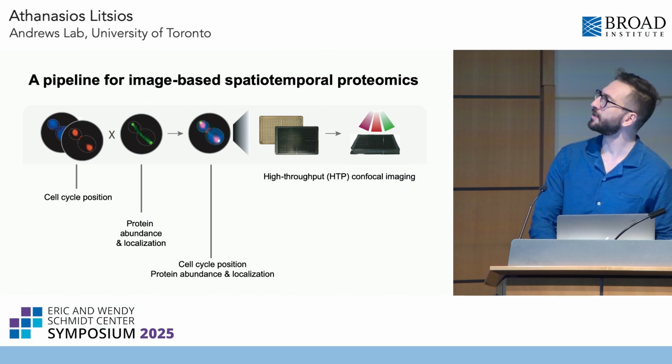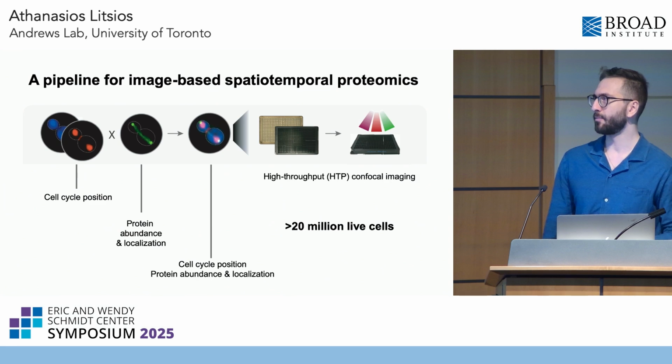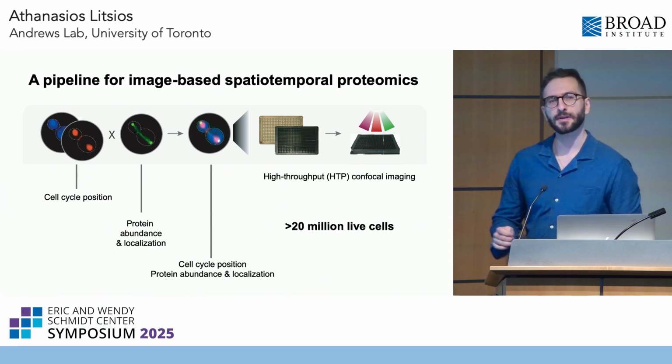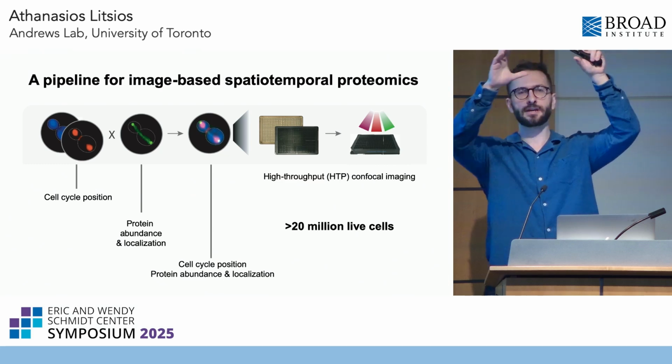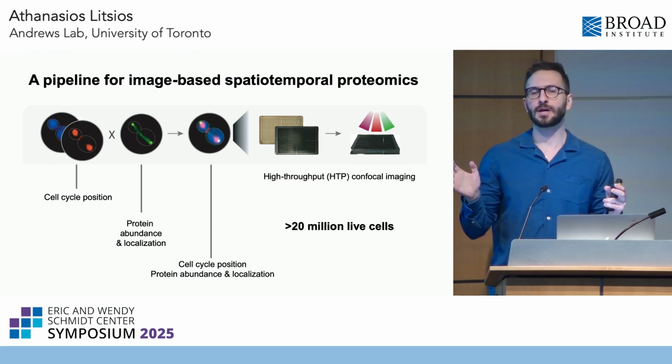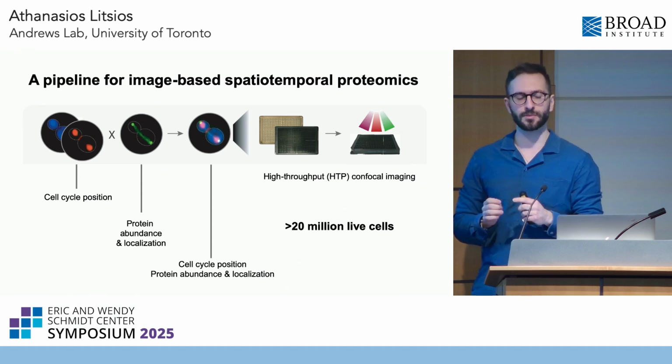Then we subjected this library to high-throughput live cell fluorescence imaging, where we collected images from a bit more than 20 million live cells. And I mentioned earlier that when we take a snapshot, cells are in different cell cycle stages. So we had to somehow automate the process of extracting cell cycle-specific information from these images.